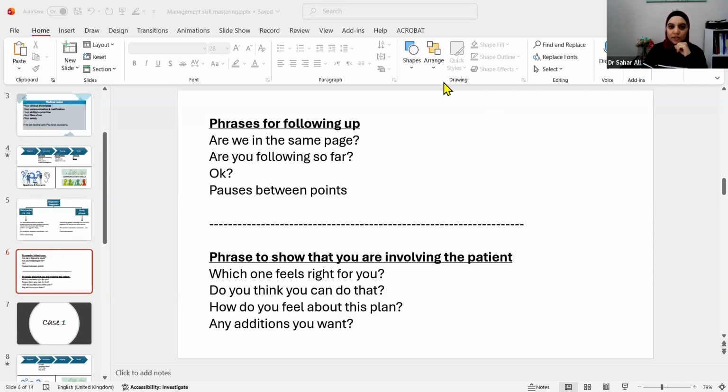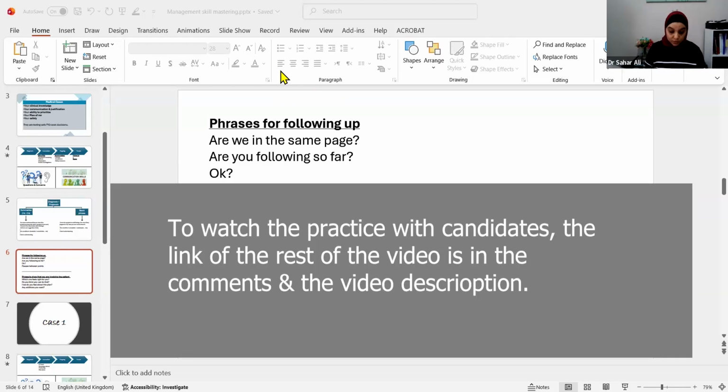Yes or no? Just write down if you don't have the ability to switch your mic on. Yes. Okay. All right. Good. Let's start doing practical practice on mastering the management.